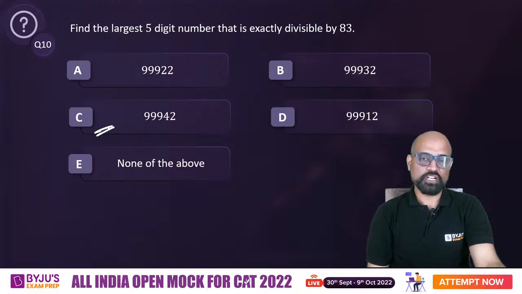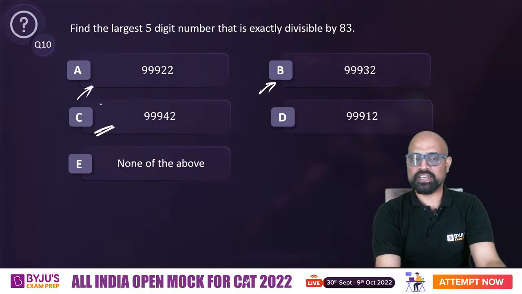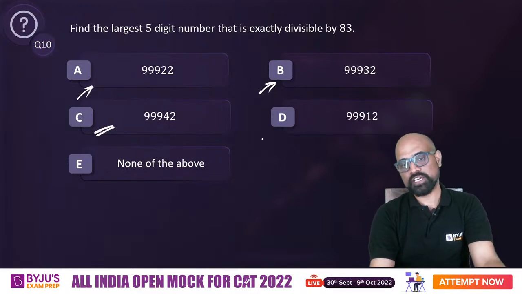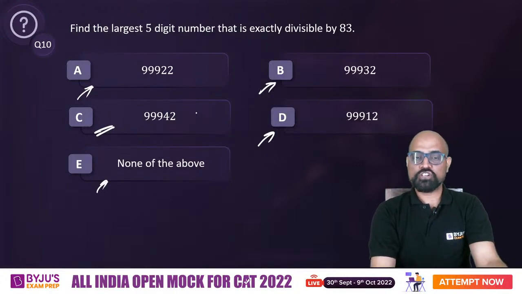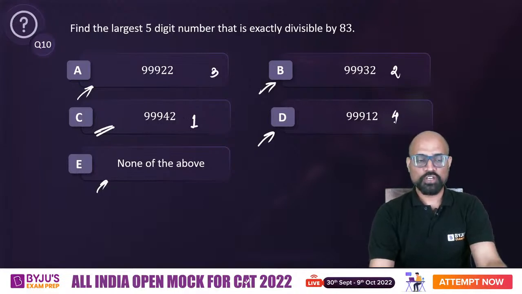If it is not divisible, then check the next higher number, 99932. If it is divisible, great. If it's not divisible, go after the next number. हो गया next वाला तो ठीक है, नहीं तो इस पे जाओ. ये नहीं हुआ तो फिर none of the above. So which out of these four, starting from first, इसको check, second इसको, फिर third, फिर fourth. Which one is going to give you the answer?